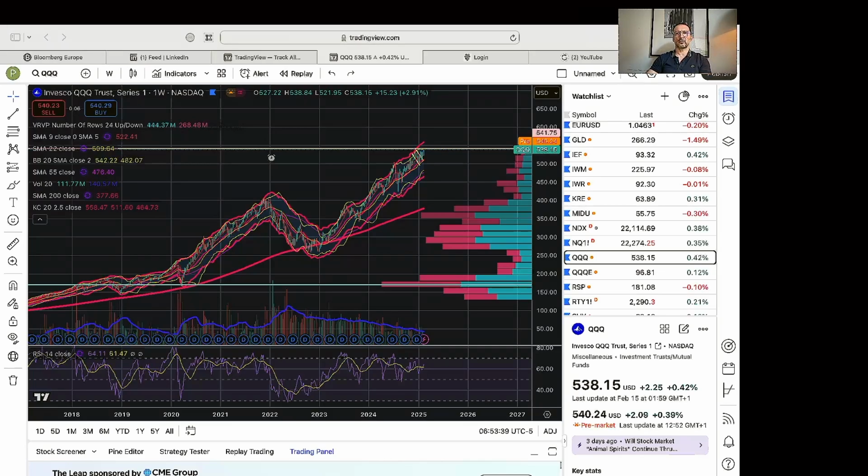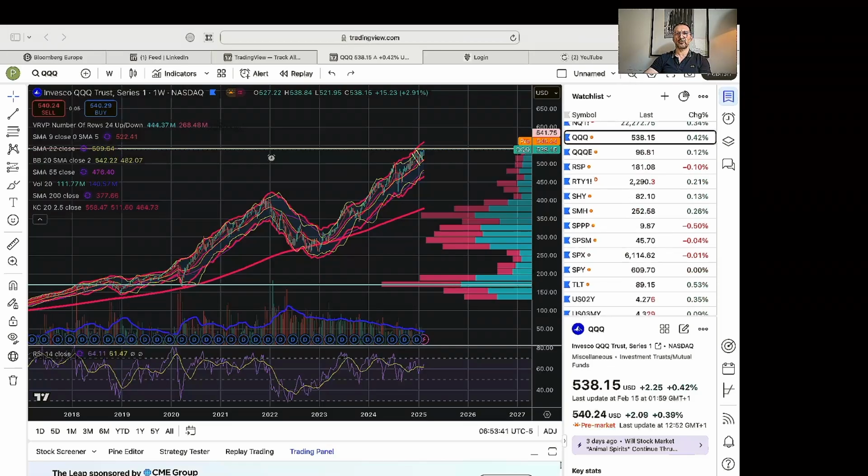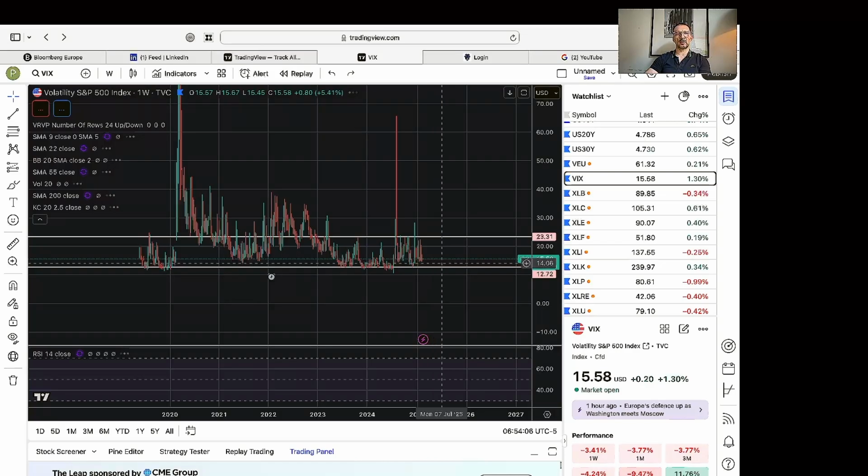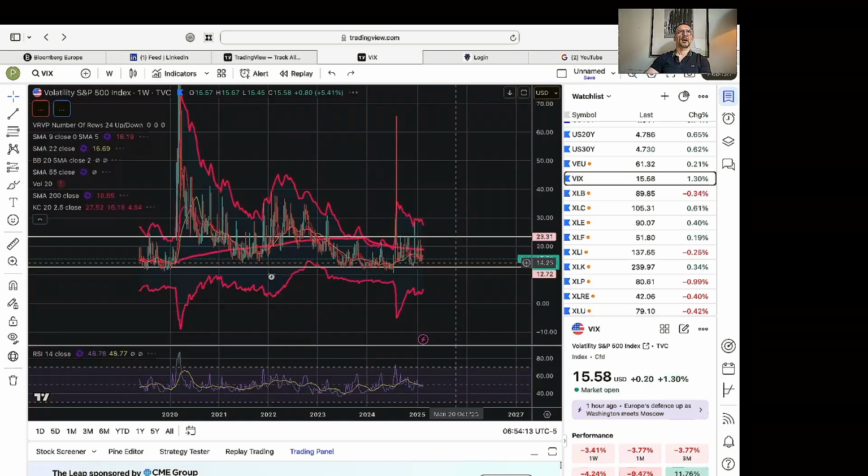You can see that the volatility, if you take the VIX, is very, very low. Usually when there is complacency in a bullish market, the volatility tends to be extremely low. And extremely low volatility means there is complacency in the market.